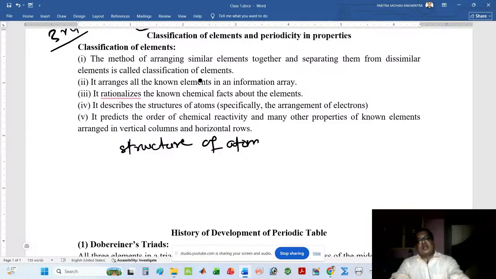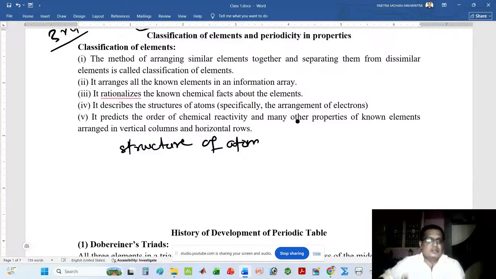So the scientists wanted to discover a method by which all the elements are easily available in a particular source, in a particular table, and are easy to study, easy to learn, easy to understand.